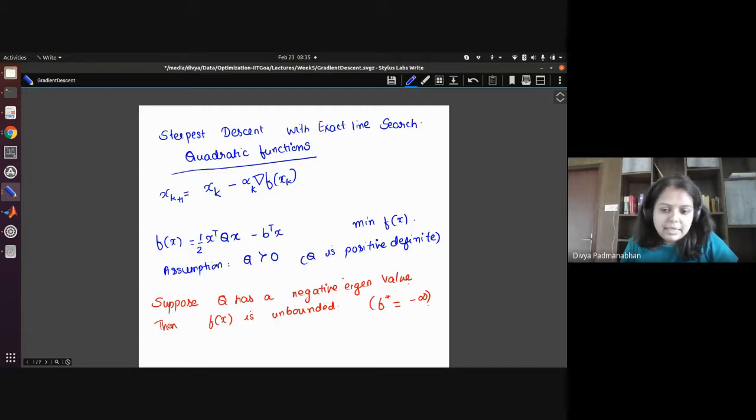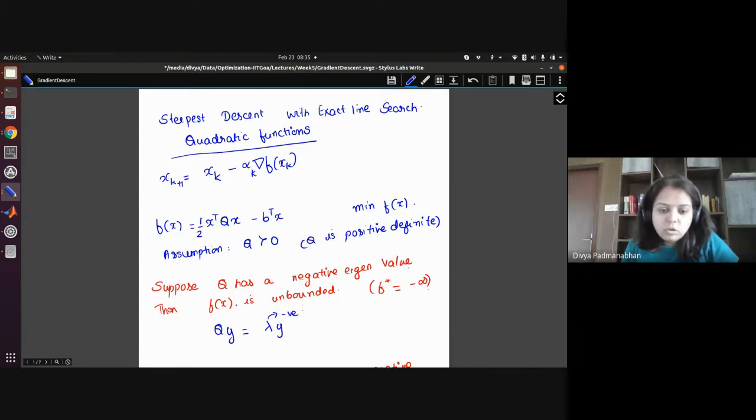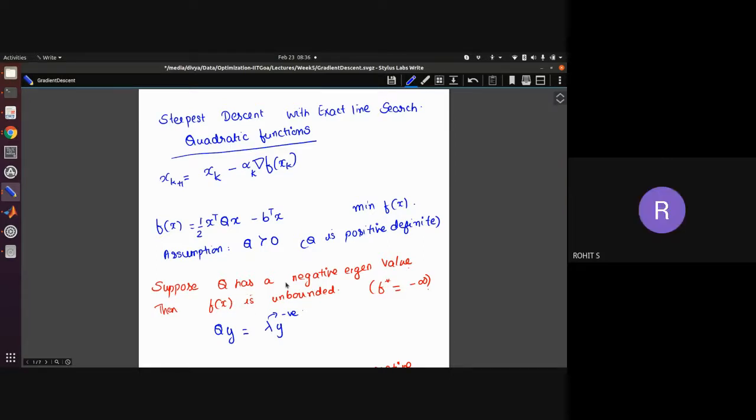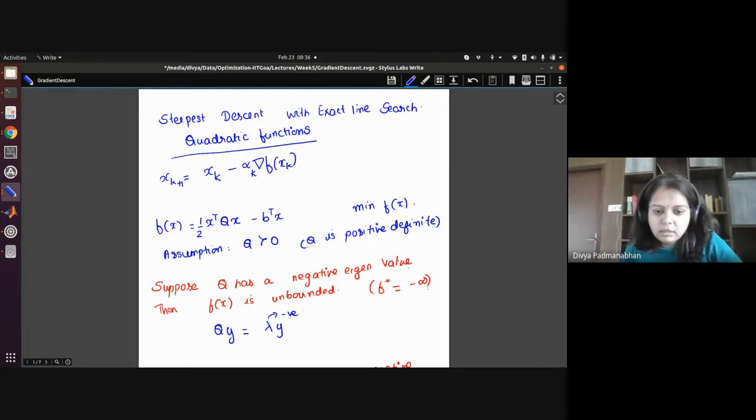So Q has a negative eigenvalue, which means that you can have some vector y such that Qy equals lambda y, and this lambda is negative. Then f(x) can be unbounded. f(x) will become negative for some value and then it will just keep getting more and more negative. Exactly. So that's exactly what can happen.